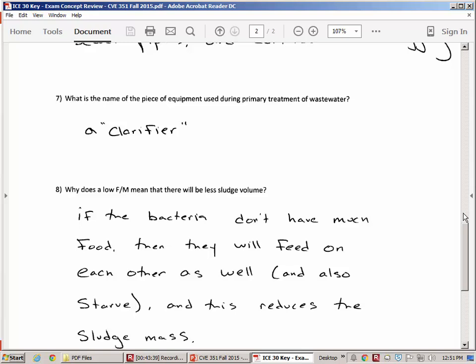A lot of equations for the flow equalization basin? I don't know if that's a lot of equations. Each column has one equation with it, right? So how many columns are there? 6 or so? I think you should be familiar with flow equalization basin, but we're not going to do an Excel problem on the exam.